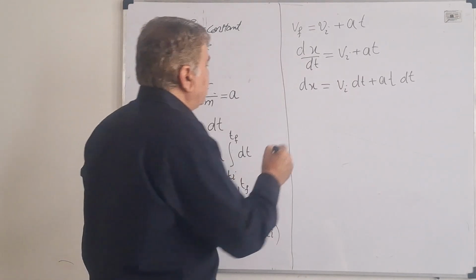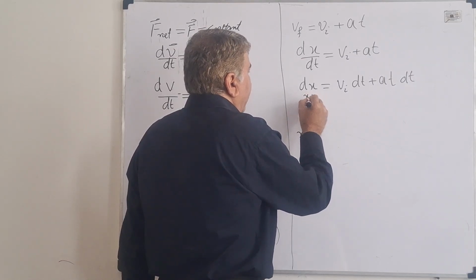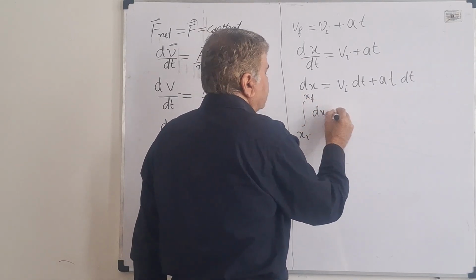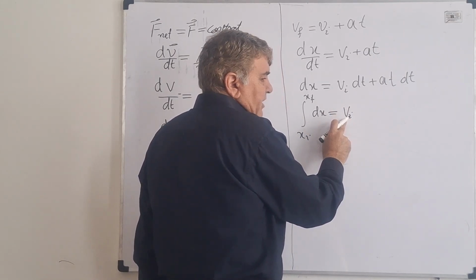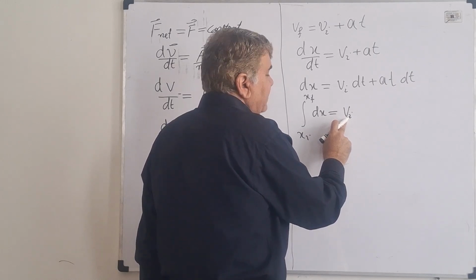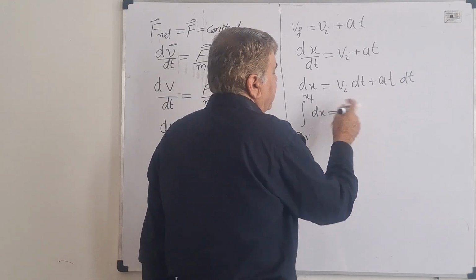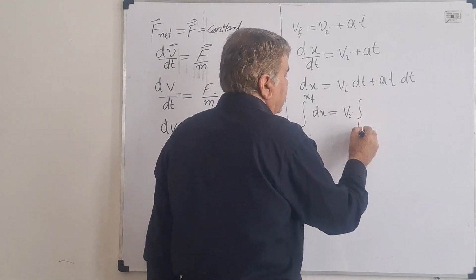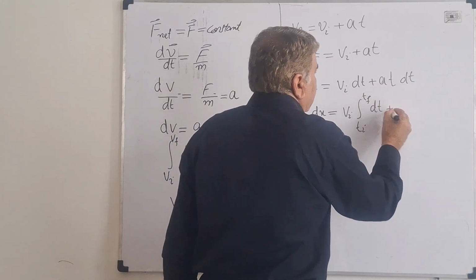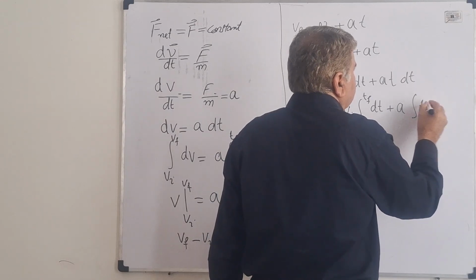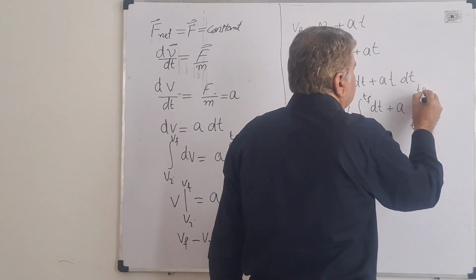Then I can integrate this equation formally by writing the integral from xi to xf of dx equals, again, vi is the initial velocity and that remains constant. We call this the constant of integration. So I can take that out of the time integral from ti to tf of dt, plus a times the integral of t dt from ti to tf.